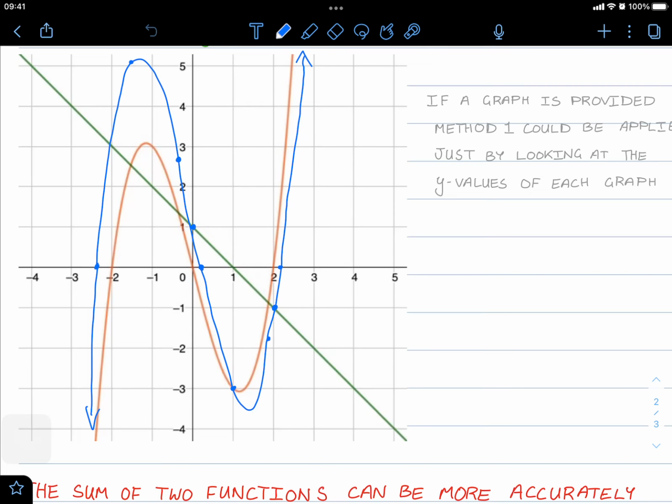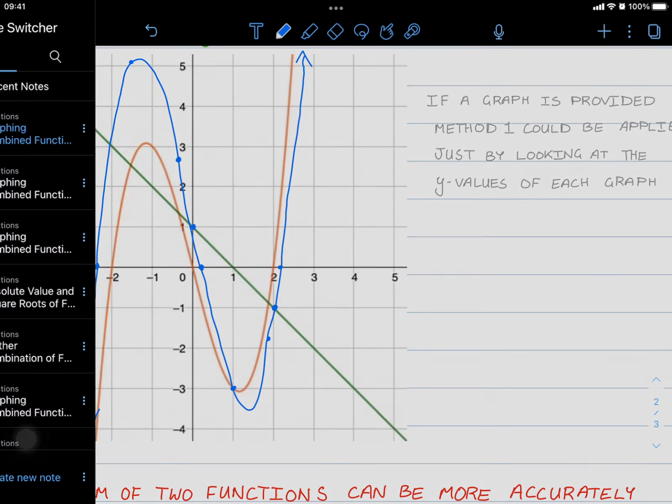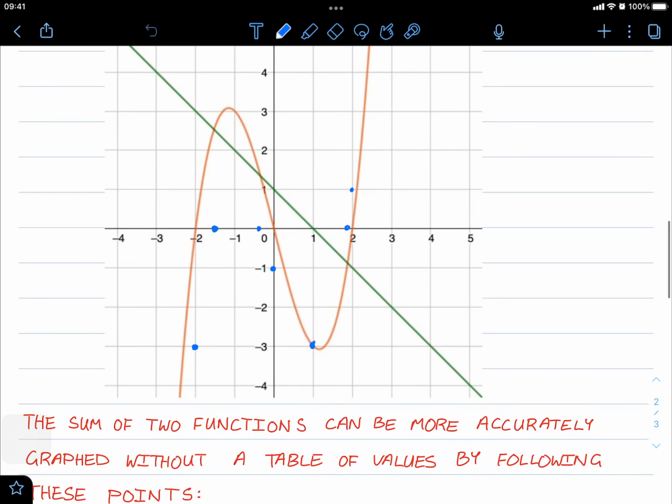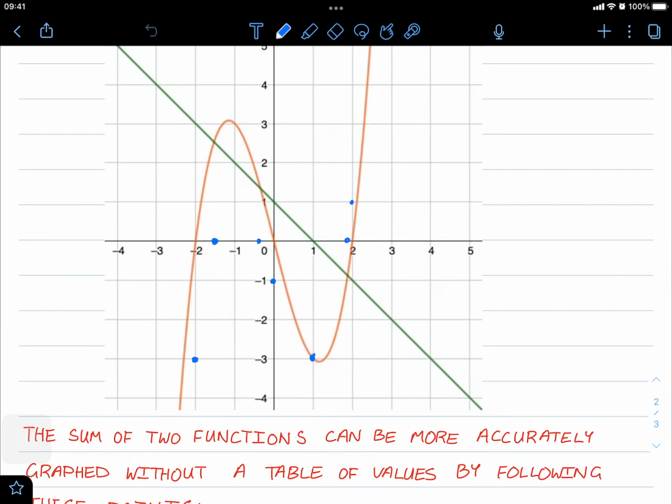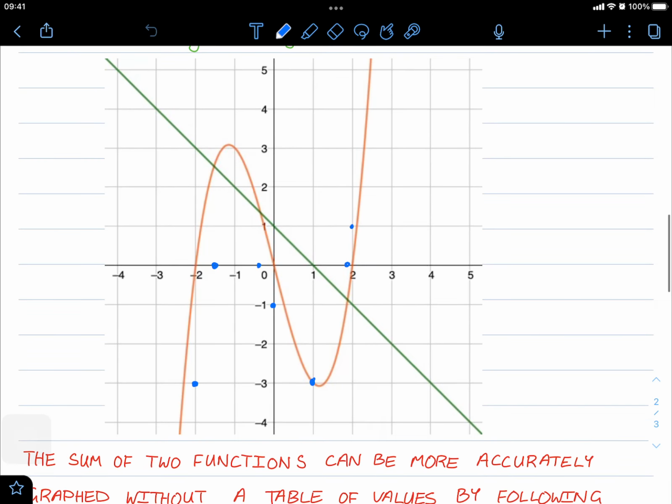Because remember, this height and this height were equal, but they were of opposite signs. So when f is equal to the negative of g, it was about here, so that height is equal to the negative of the g version.